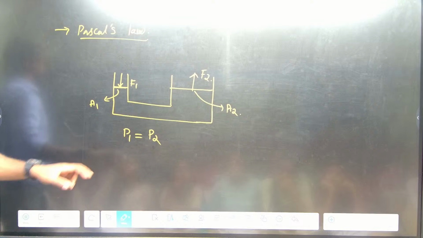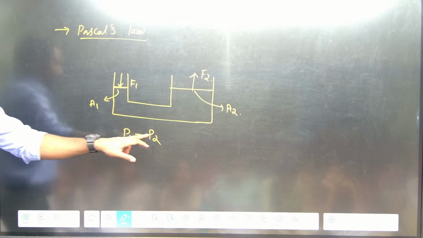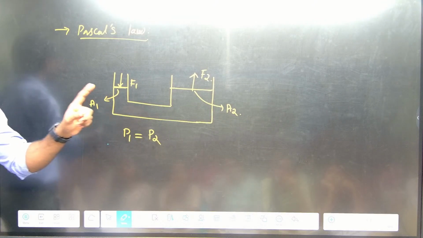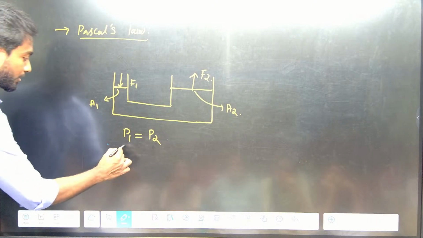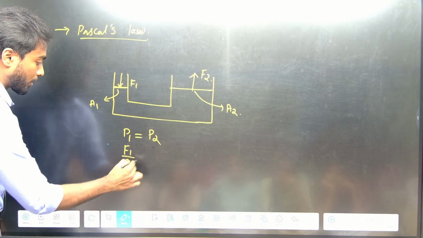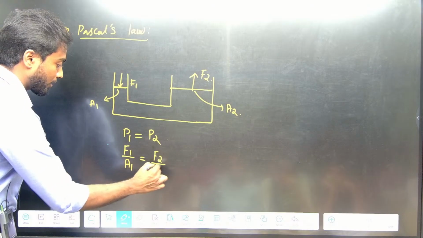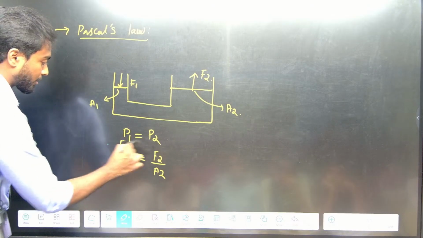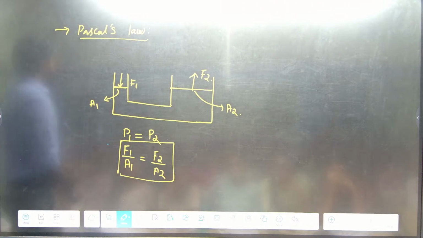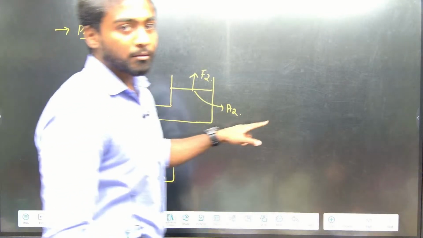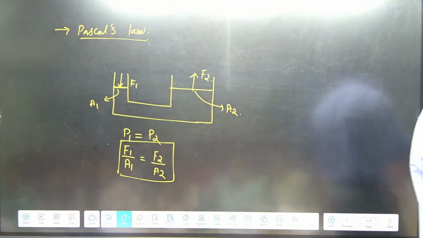Pressure at all points is equal, so P1 equals P2. What is pressure? Force by area. So F1 by A1 is equal to F2 by A2. This is Pascal's law. Area can be anything, the pressure will be the same.